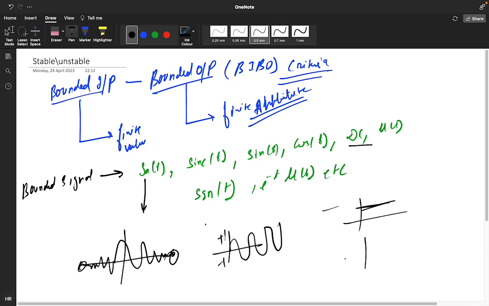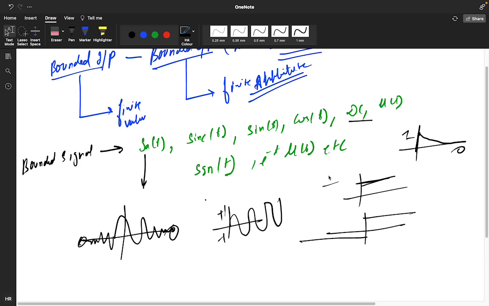Signum of t is plus 1 to minus 1. e power minus t u of t, at 0 it is 1, and it goes from 1 to 0. So everywhere the values are finite. This type of signal is called a bounded signal. If the output of the system is bounded or finite for a bounded or finite input, then the system will be stable. Write it down.